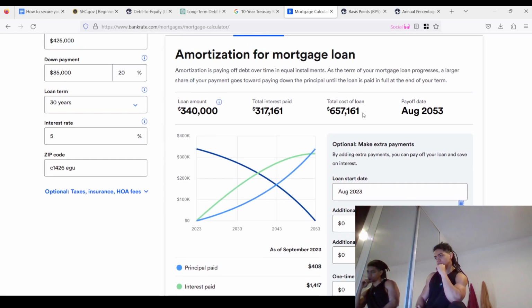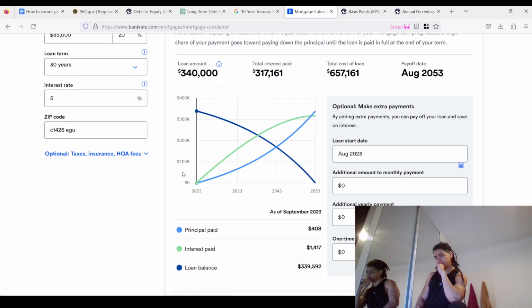Total cost of the loan. Loan amount. Total interest paid. Holy hell. You will end up paying double for that. Because they take into consideration inflation and that kind of thing. Damn, son.